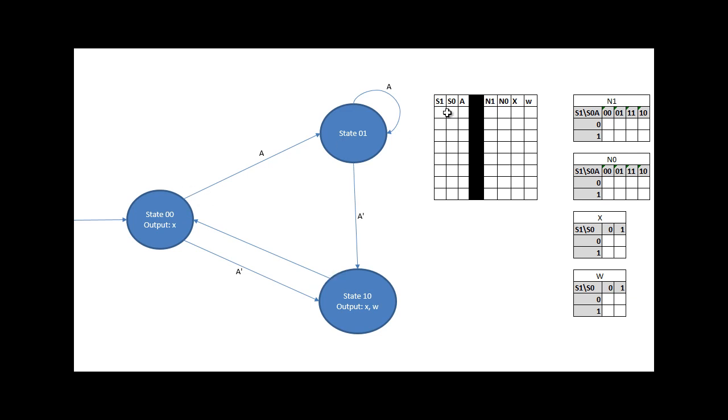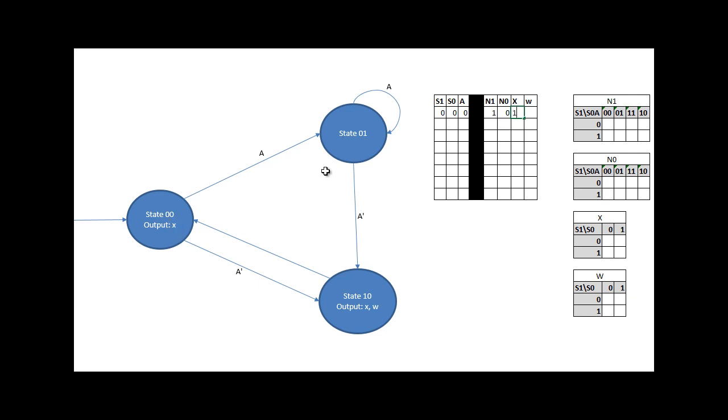Now I have to capture this information in my truth table. If I'm currently at state 0,0 and I assert 0, as you see, we're going to go to state 1,0. When I was at state 0,0, what was the output?